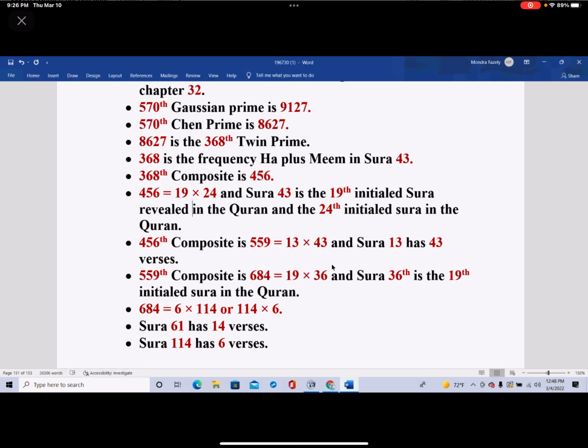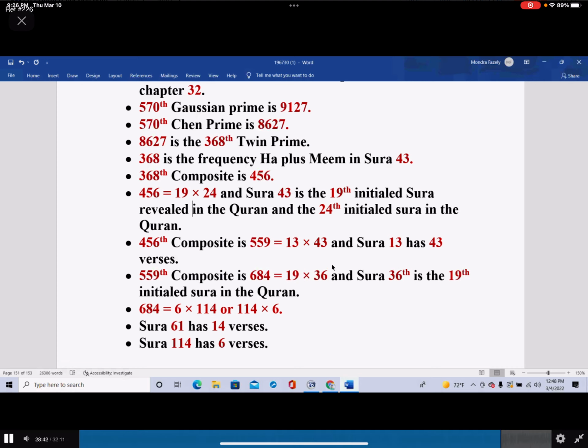So the claims that they are making is going to be nullified. Okay? Shows God's awesome power. How that number 1146, how this number actually comes back to tell us about the structure of the Quran.